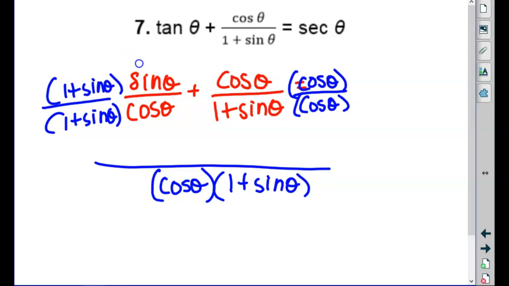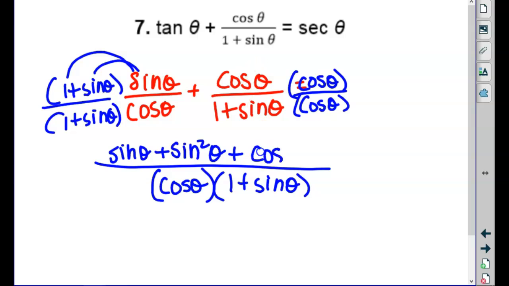And what happens up here? Can I distribute that now, or you want me to write it out and then distribute it? So sine times 1 would be sine. Sine times sine would be sine squared, and back here, cosine times cosine would be cosine squared. Oh, I think this is a beautiful problem, because what is sine squared plus cosine squared?